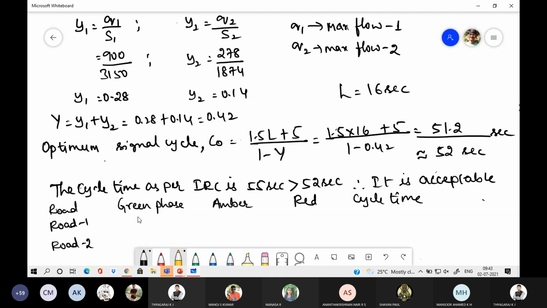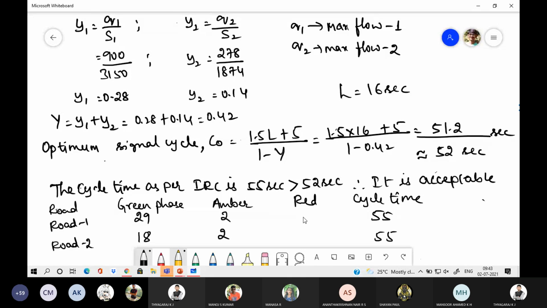The green phase for road 1 is 29 seconds. For road 2, it is 18. Amber we have got 2 seconds each. So 2 here, 2. The total cycle timing is 55.